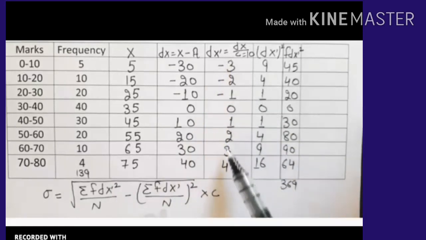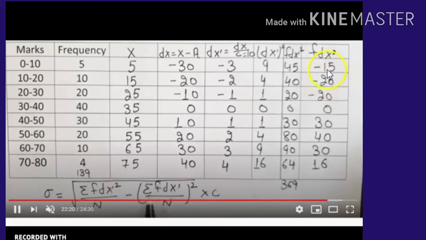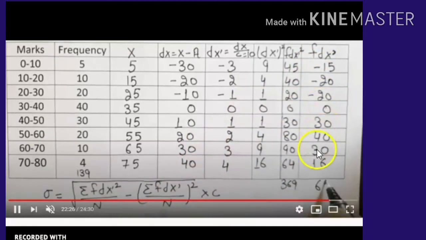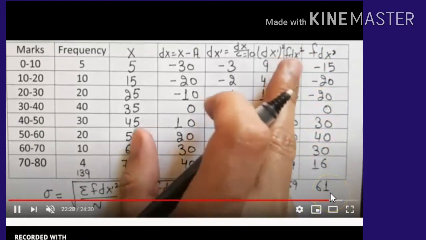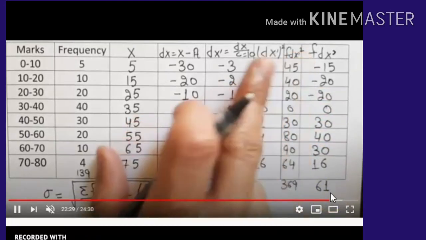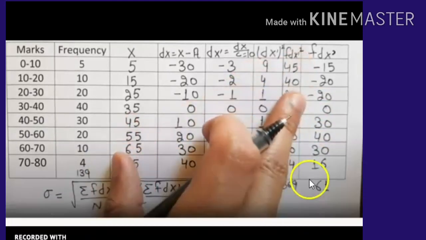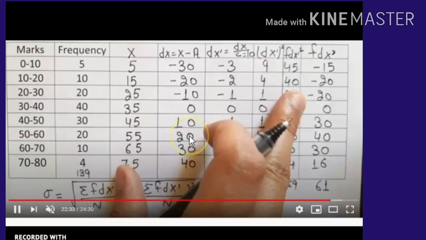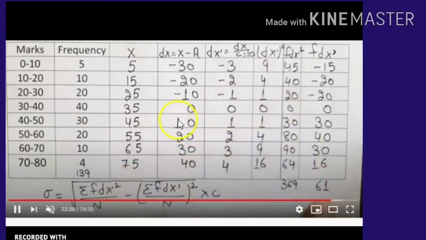So the next column you need is fd dash. The fd dash values are minus 15, minus 20, minus 20, 0, 30, 40, 30, 16. The total is 61. So you can just write 61 here in the formula and find the answer.